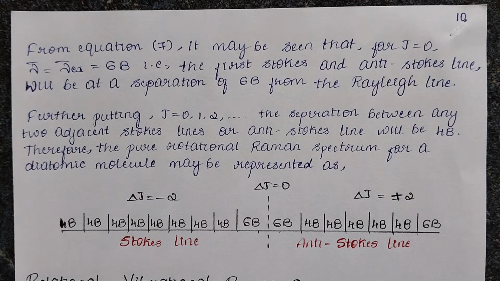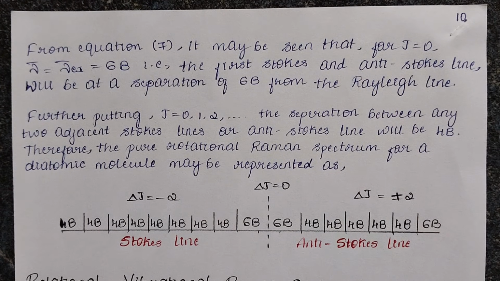So the difference between each of the values will be 4B, and therefore for the first initial line, the separation will be 6B, whereas further it will be plus or minus 4B. That is given in case of Stokes lines and anti-Stokes lines, which we have evaluated from our equation number 7.